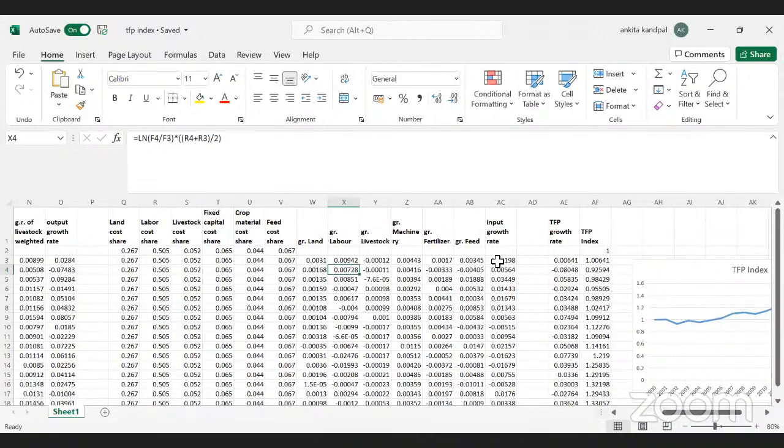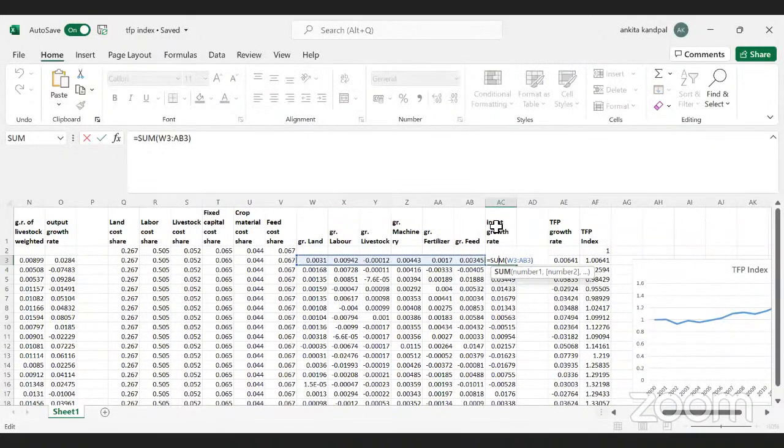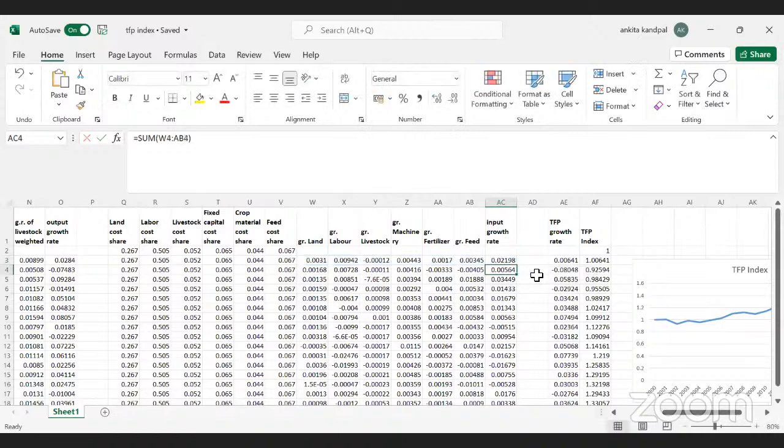Then we sum it for calculating the input growth rate. For estimating the TFP growth rate, we will subtract the input growth rate from the output growth rate.